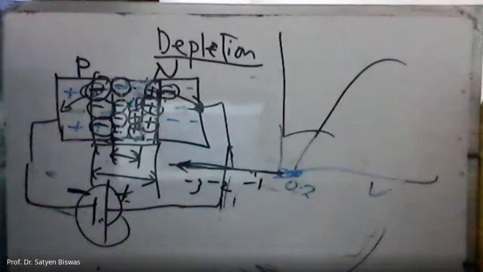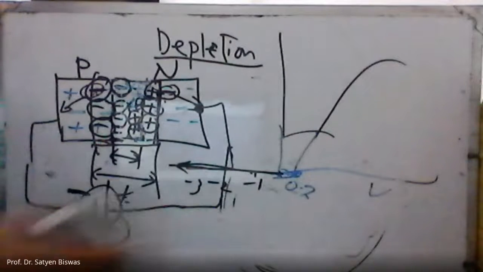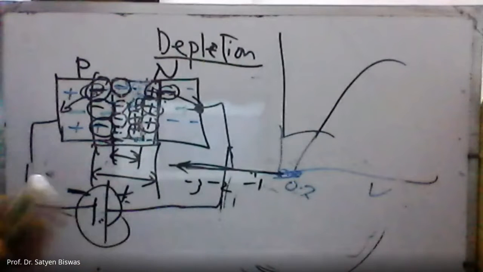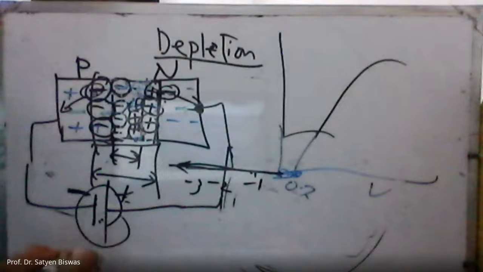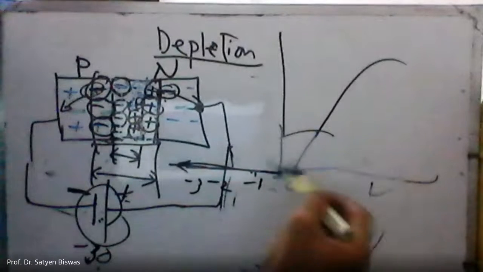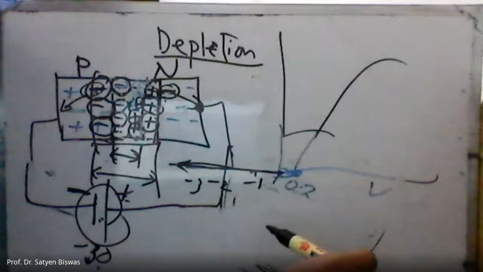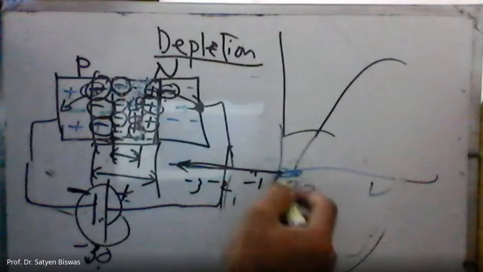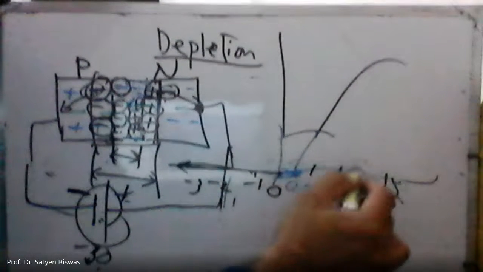But there is a but there, right? What will happen when you increase this voltage very much? Let's say if we apply minus 30 volt, right? Normally, how much is the operating voltage for the diode? Normally we use 5 volt, right? 0 to 5 volt. Let's say 0, 1, 2, 3, 4, 5 volt, right?